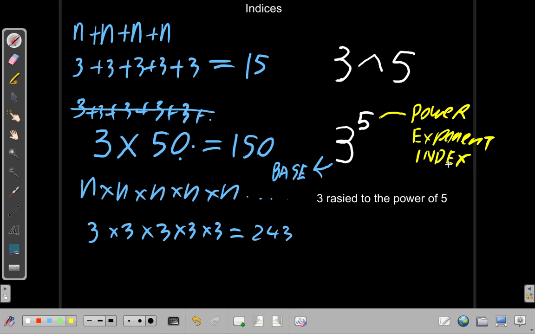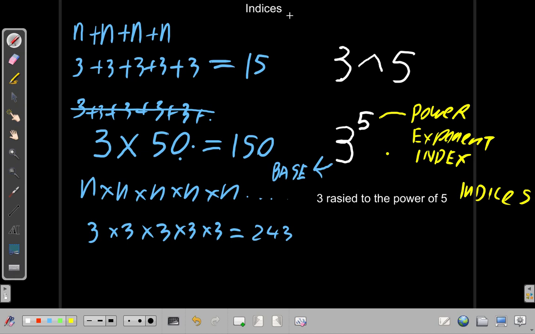That's the index. Now, index is the singular. You have one index, more than one, indices. And there you have the name of our topic here. It's indices.